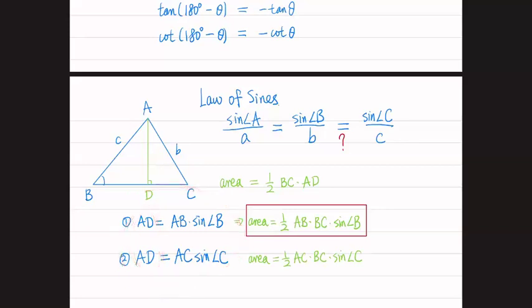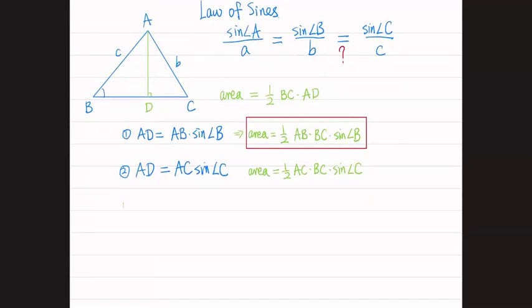What can we say about the two? Isabel, what can you say about the two? I think they're the same. It must be the same because they both equal AD.